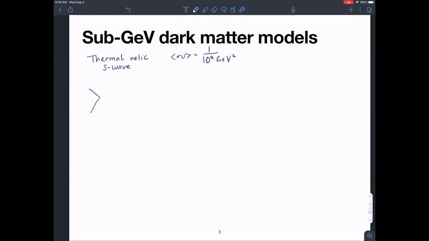And let's just take a very generic annihilation to standard model fermions through some vector mediator, which I'll call V. So I want to just explore the implications of requiring this cross-section for a simple model like this.